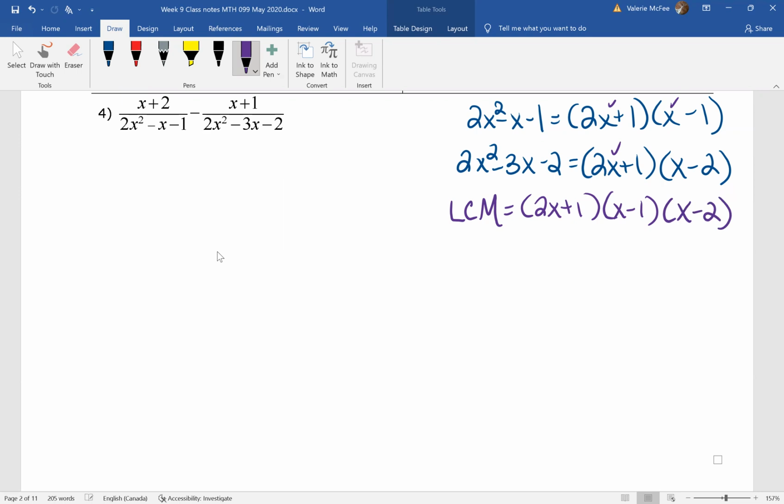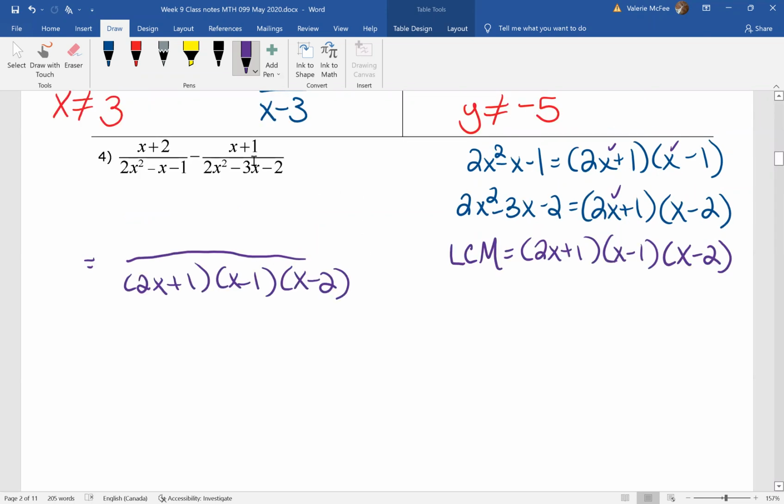So now we know that this whole expression can be written over 2x plus 1 times x minus 1 times x minus 2. We need to multiply the numerator and the denominator over here by its missing factors.